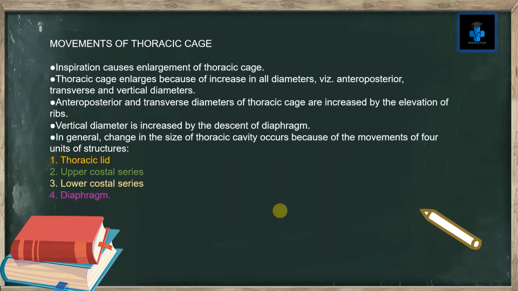In general, change in the size of thoracic cavity occurs because of the movements of four units of structures: number one is the thoracic lid, number two is the upper costal series, number three is the lower costal series, whereas number four is the diaphragm. Now let's learn more about these four.